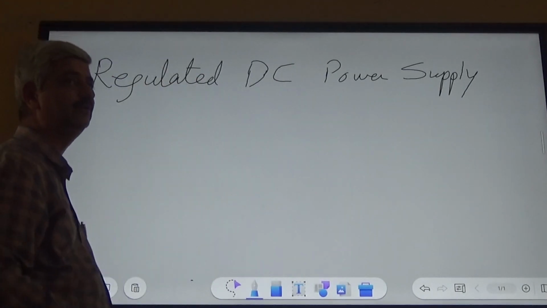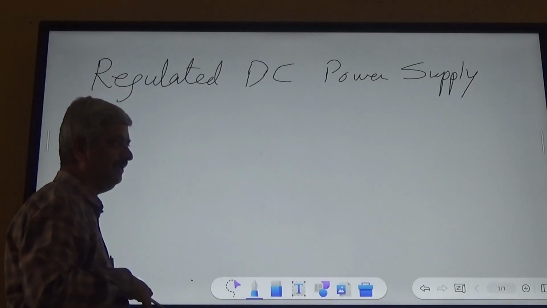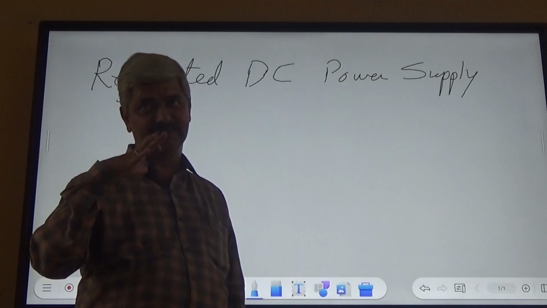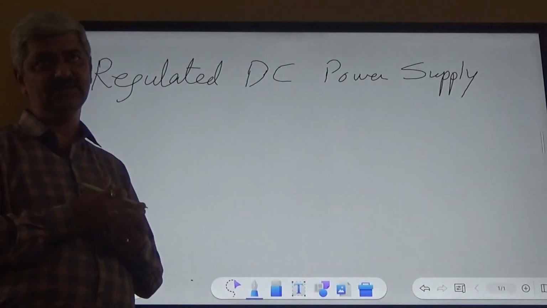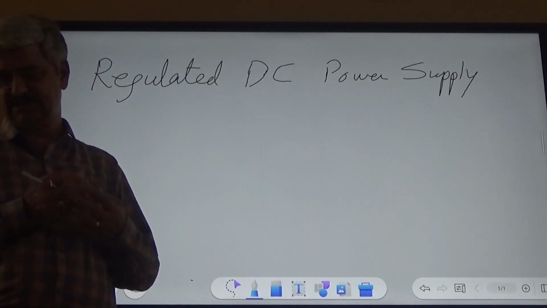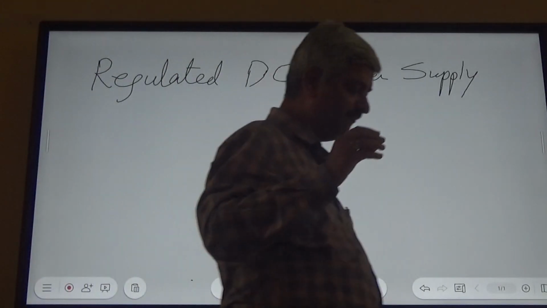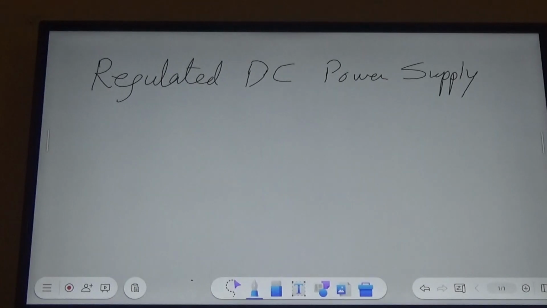Listen very carefully, each and everything I will try to be as simple as possible. I will try to speak in English for the majority of the time, but wherever we need to explain in more depth, I may be using Marathi language.